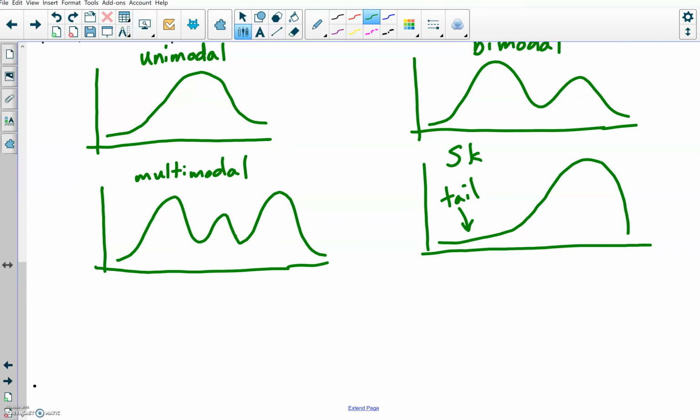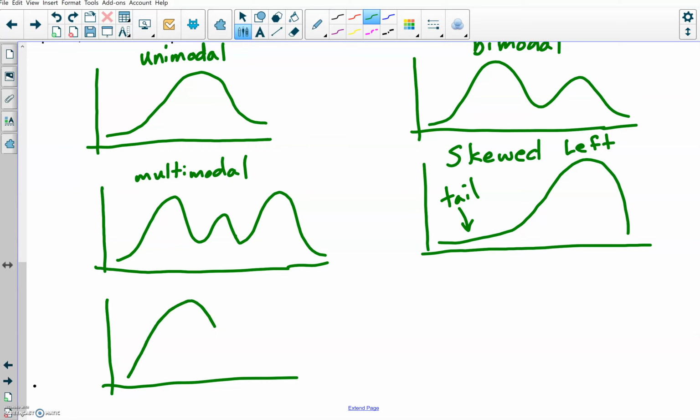So we call this skewed left. You always focus on the tail for describing things. Oops, I should have said skewed left there. Sorry, getting away from myself. So, you always focus on that tail for describing the shape when it's not in the center.